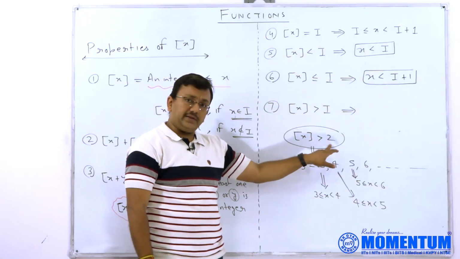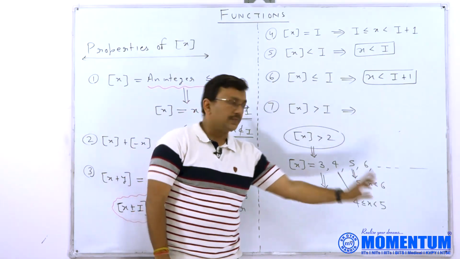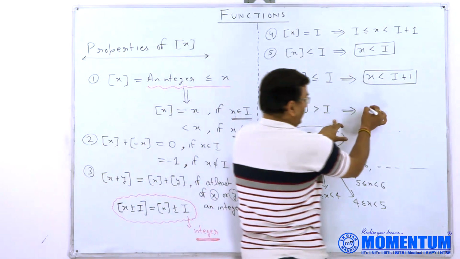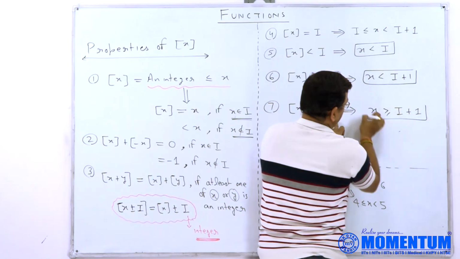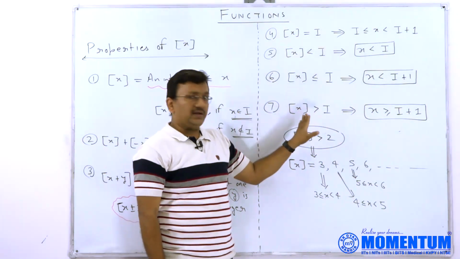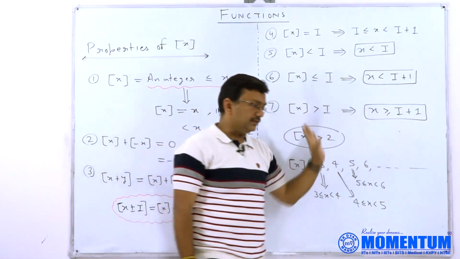When we have taken greater than 2, we are getting the values of x starting from 3. So greatest integer x greater than I, what will it imply? x greater than or equal to I plus 1. Getting, students? ये मैं आपको इसलिए करके दिखा रहा हूँ, whenever you get confused, आप एग्जाम्पल लेके तुरंत रिजल्ट निकाल सकते हो.